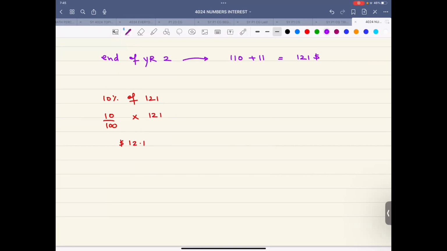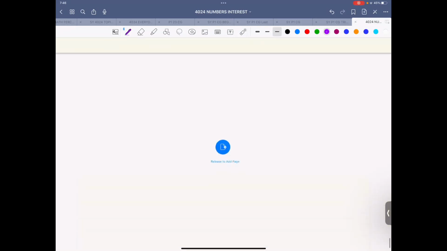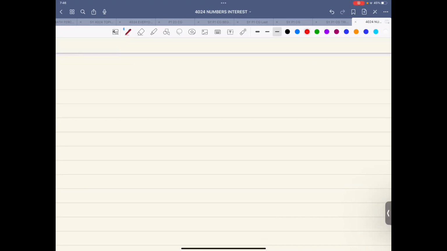Therefore, at the end of year 3, the person will have 121 plus 12.1, which comes out to be $133.1 in the bank.